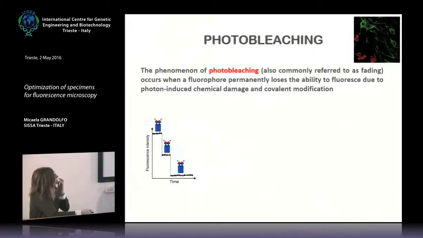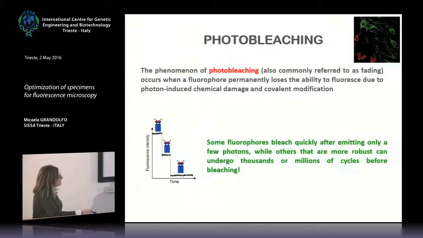The photobleaching. Okay, the photobleaching is a covalent modification. It occurs when a fluorophore permanently loses the ability to fluoresce due to photon-induced chemical damage. So also in this case, it is unavoidable because, of course, you need to excite your fluorophore with photons.